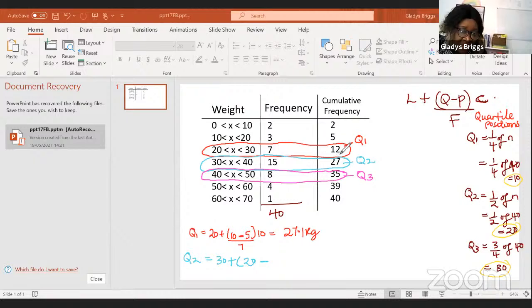This one is 27, the previous one is 12. 12 times C, the quartile class interval, so the class width, is still 10, divided by F, the class frequency, and here it is 15. So you need to put that in to get your quartile 2.